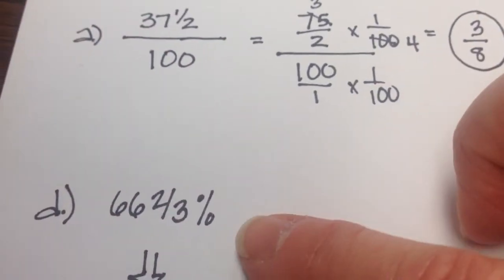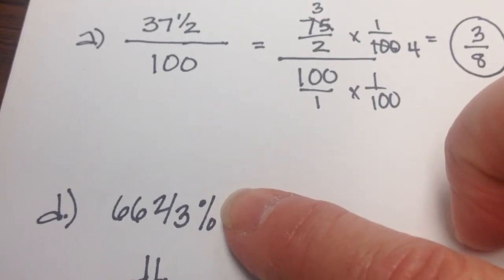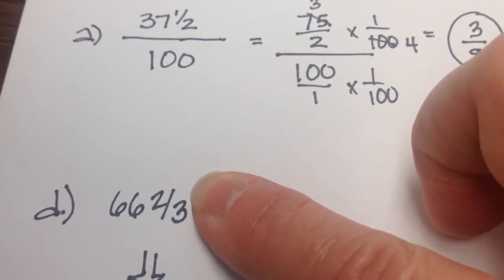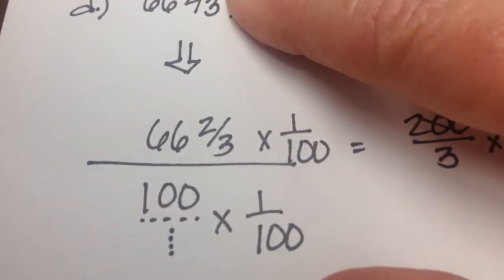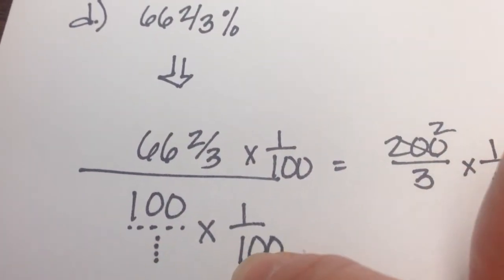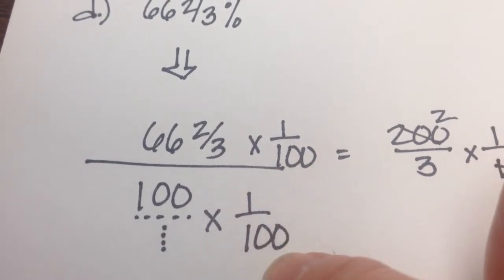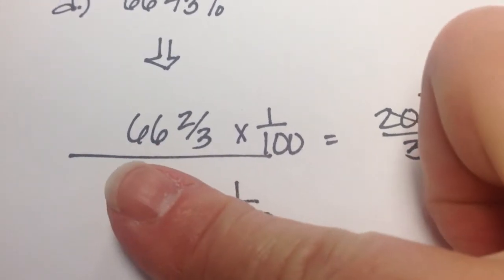All right, let's do another one. 66 2/3%. So we are going to remember that we're just going to think of this as 66 2/3 over 100. We're going to remember that we're imagining it over 1 so that we can what? Multiply by the reciprocal. Just gotten rid of this.